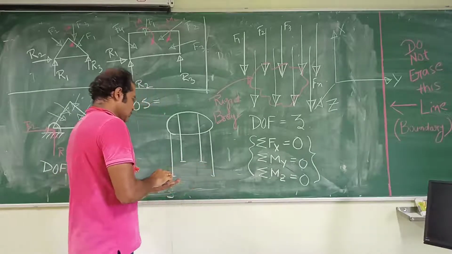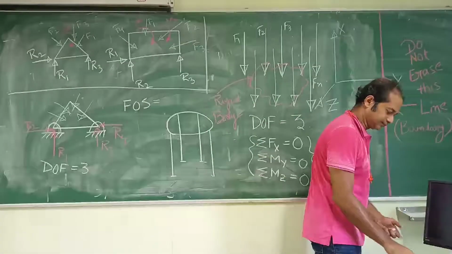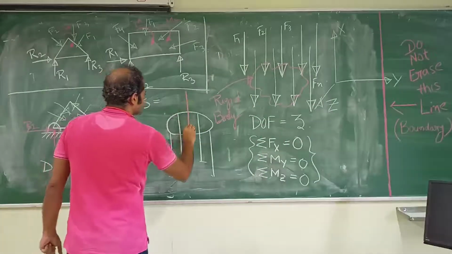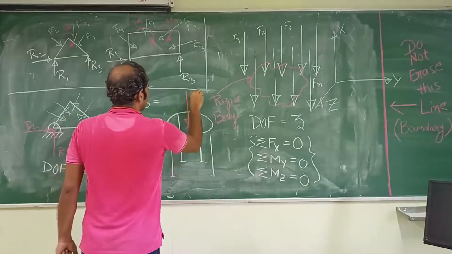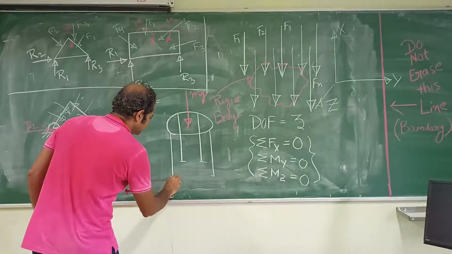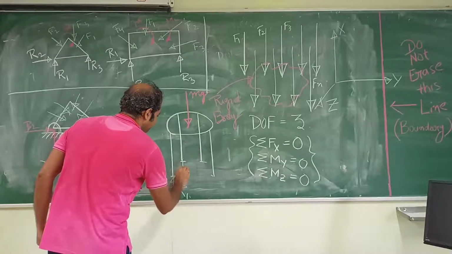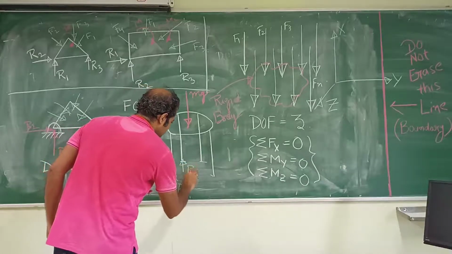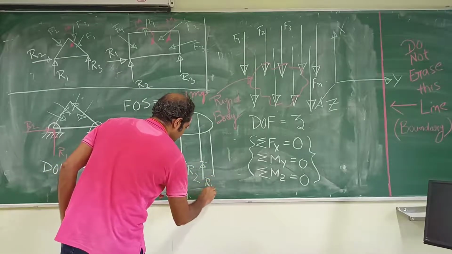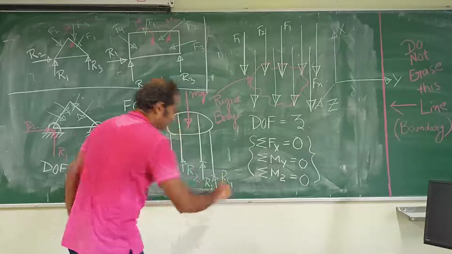So what you are going to get is this, the weight M times g, and these are the reaction forces R1, R2, R3, and you have R4.